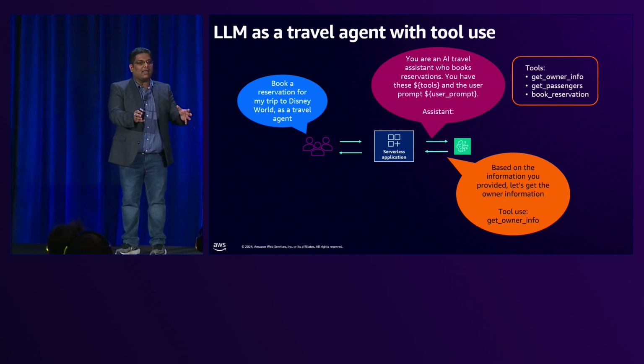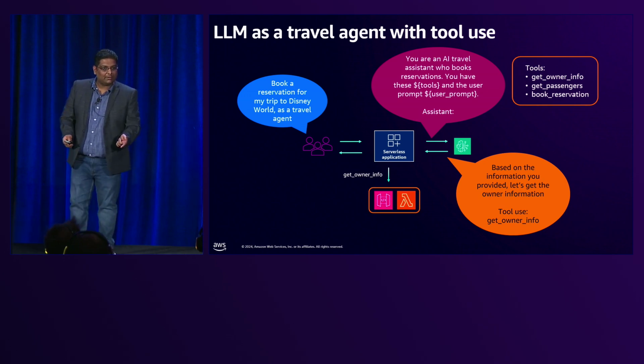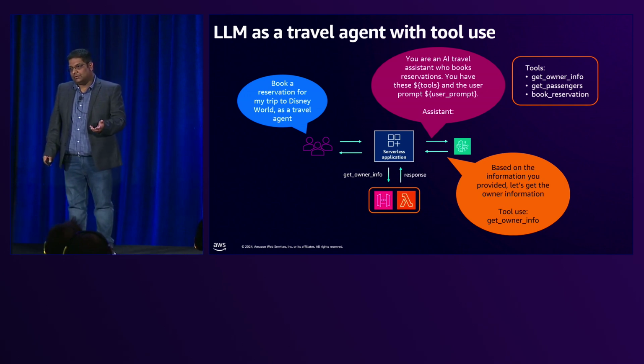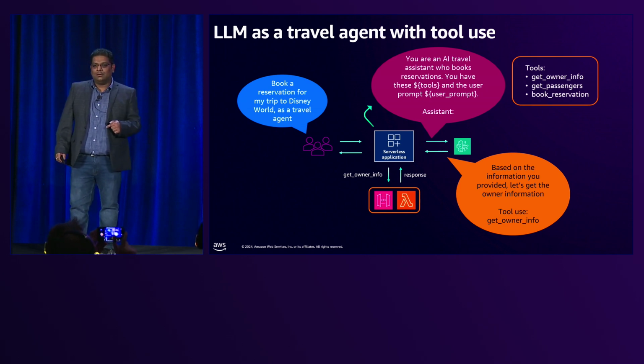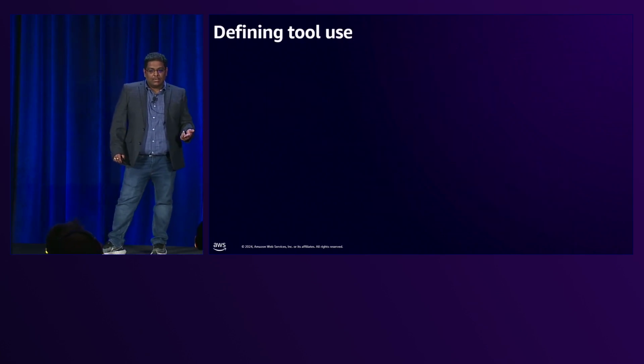You have to invoke get owner information. And that's when the serverless application will invoke either an API or a Lambda function, get the response back, and feed that response back to the large language model to figure out what should be the next tool. So this is how it will look as a conversation.